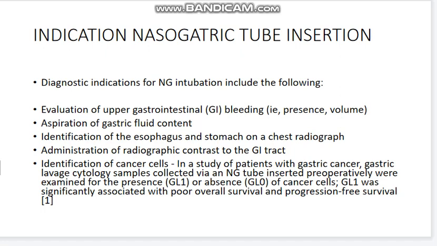Identification of cancer cells: in the study of patients with gastric cancer, gastric lavage cytology samples collected via a nasogastric tube inserted preoperatively were examined, and the presence of cancer cells was associated with poor overall survival and progression.